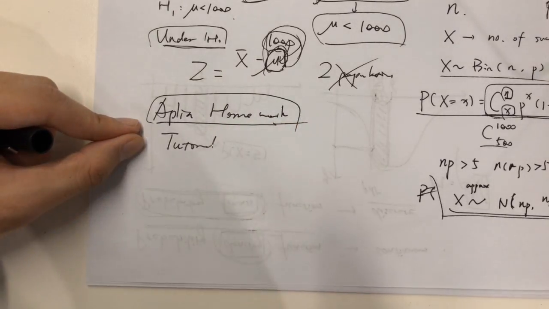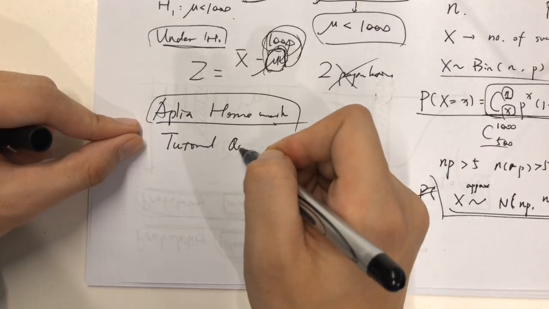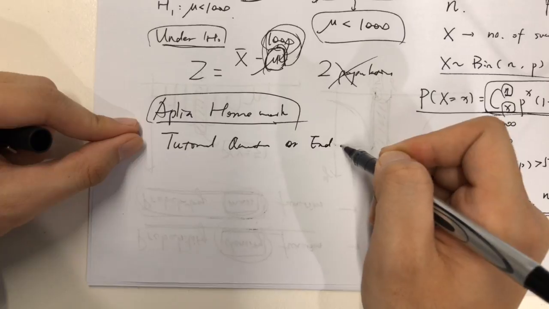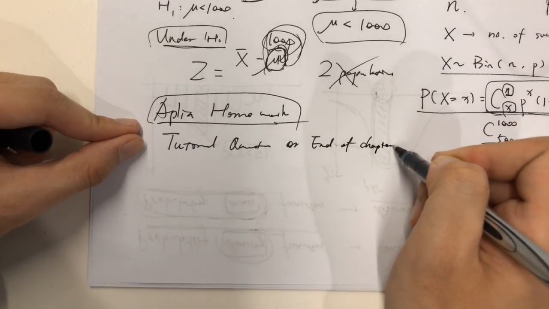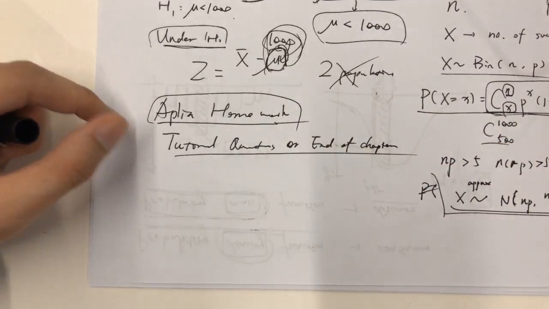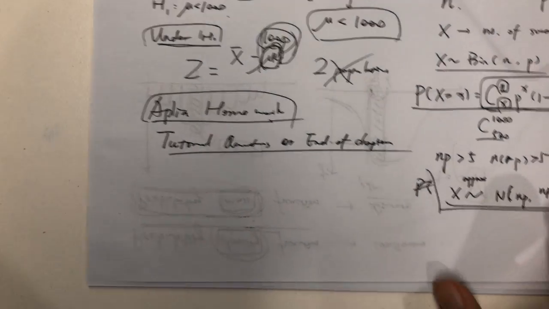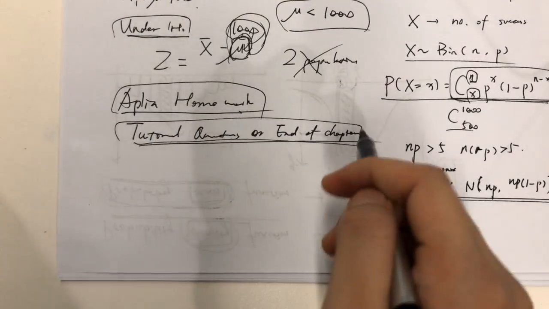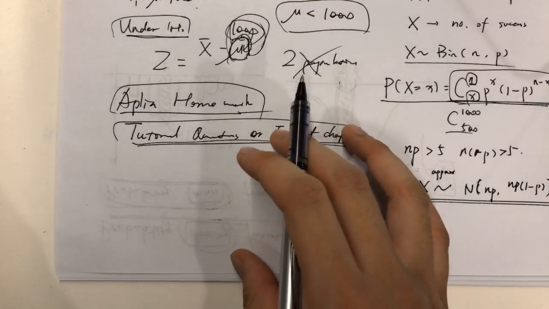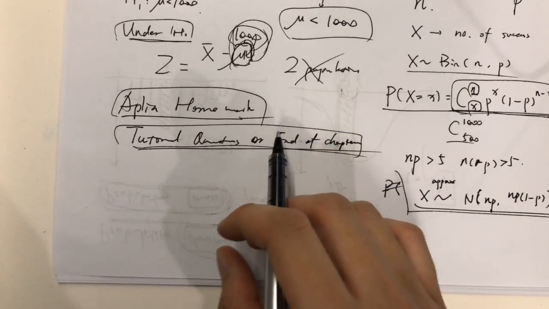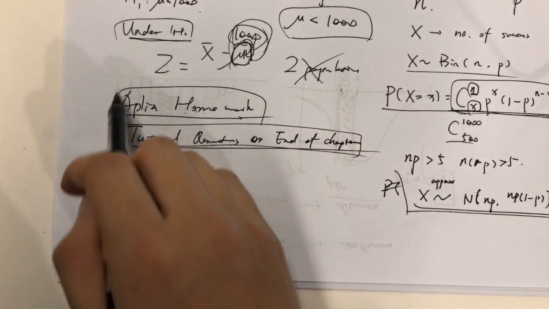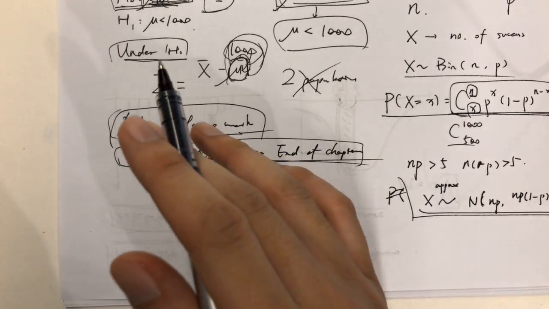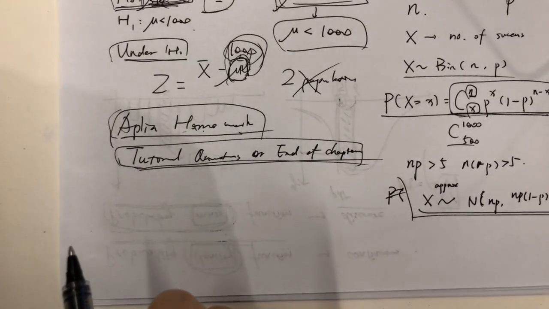Not the same, but similar, okay? Tutorial questions or end of chapter questions. So those are the materials for you to do your revision for the mid-semester exam. If you are very familiar with all those questions, I believe you can get at least 80% of the mark in your mid-semester exam, okay?